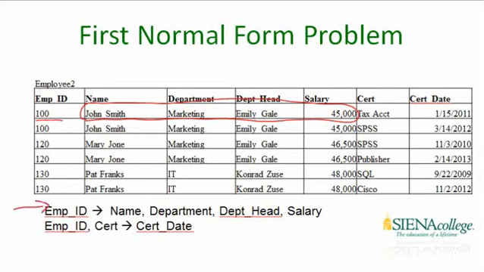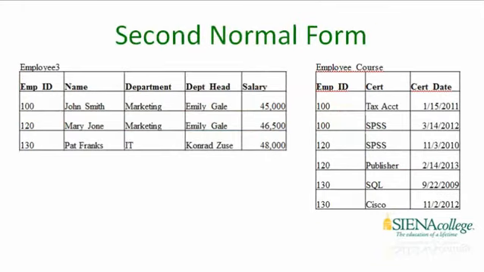So if the ID just reports to those items, we then create a compound key where the employee ID is combined with the certification. We take those two and combine them to create a compound key and have it represent the certification date. If we do those things, we'll see that we now have two tables. The first table, the employee ID, uniquely identifies the name, the department head, and salary for John Smith.